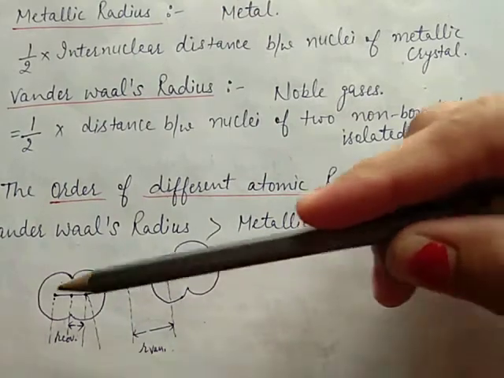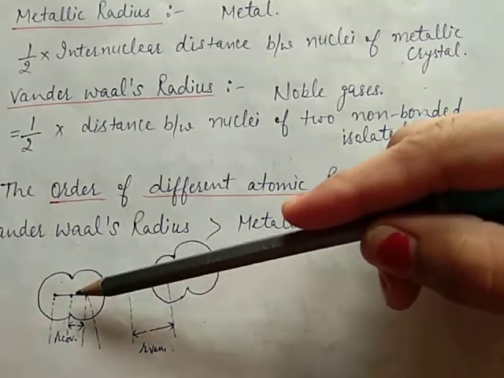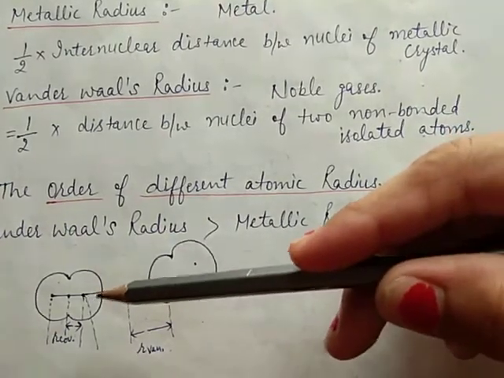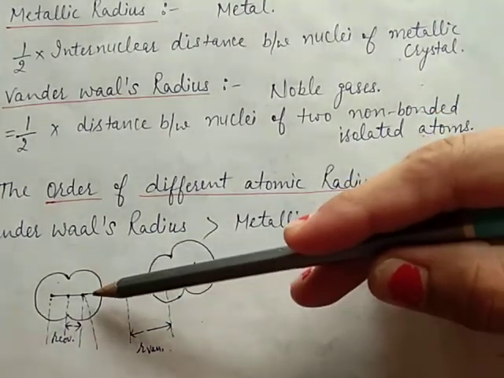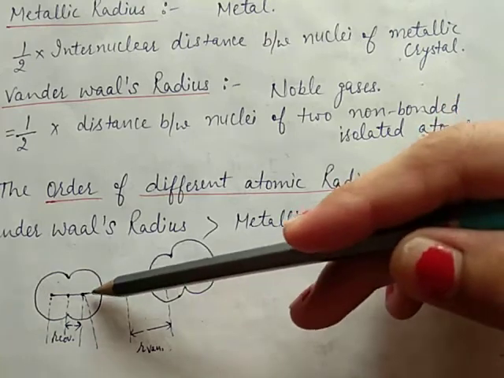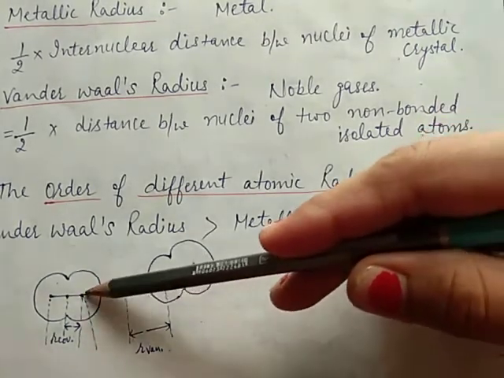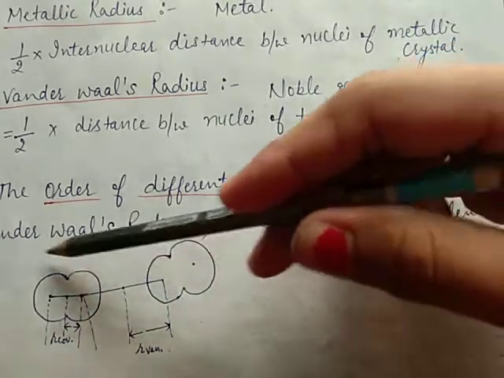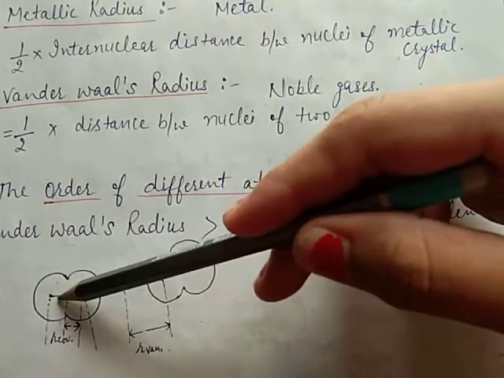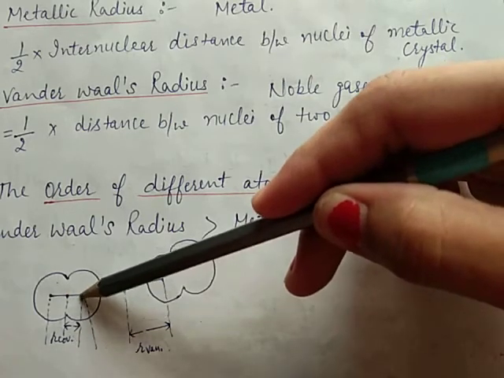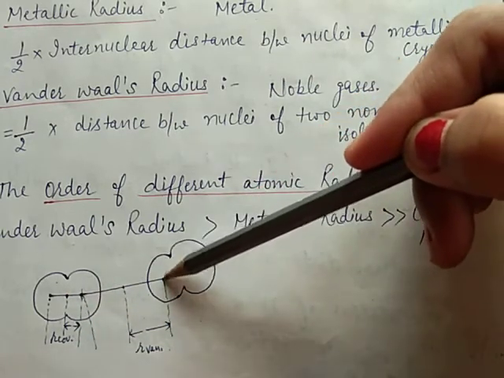In van der Waals radius the atoms are non-bonded, but in covalent radius atoms are covalently bonded. So here the distance is less, and the non-bonding distance is large.